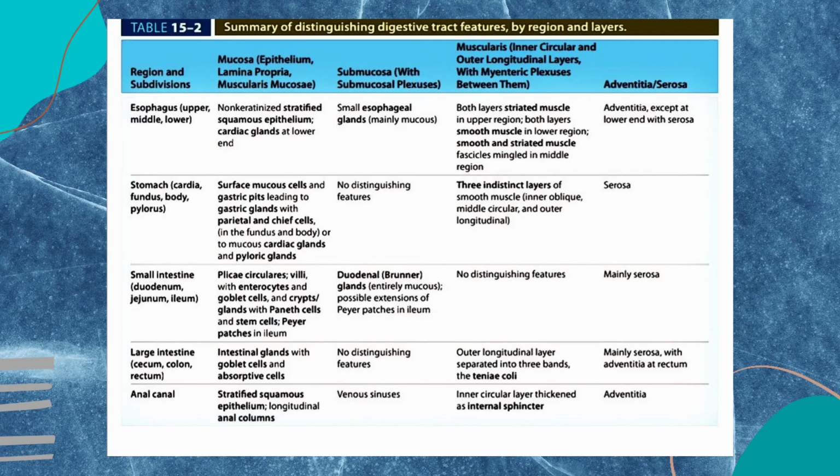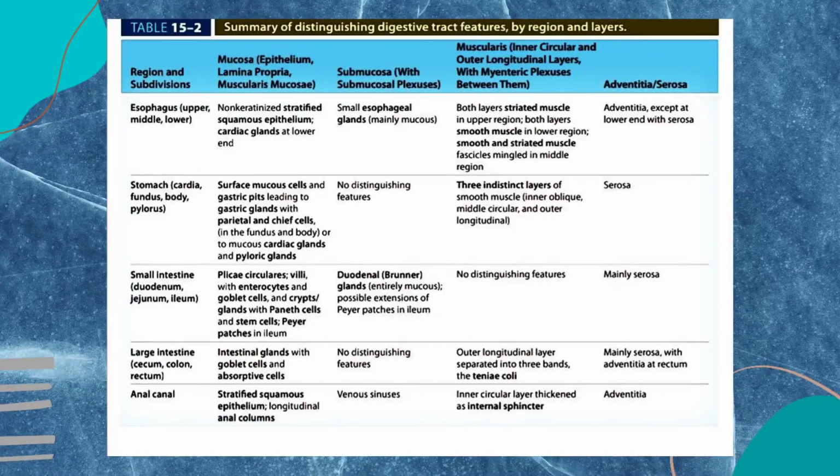In the stomach, surface mucous cells and gastric pits leading to gastric glands with parietal and chief cells. In the small intestine, we have the plicae circulares, villi with enterocytes and goblet cells, and glands with Paneth cells and stem cells, Peyer's patches in the ileum. In the large intestine, we have intestinal glands with goblet cells and absorptive cells. In the anal canal, stratified squamous epithelium and longitudinal anal columns.